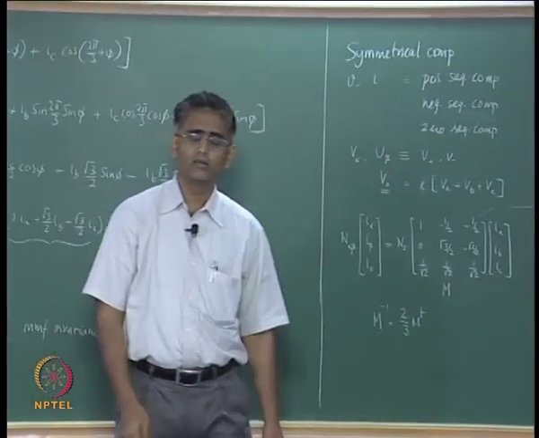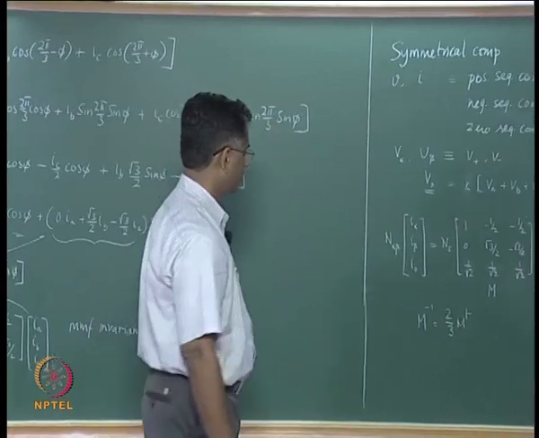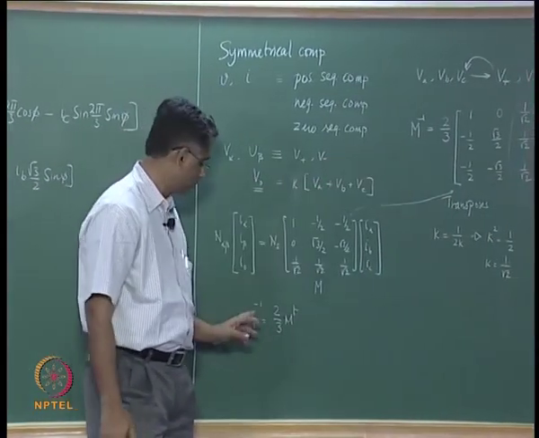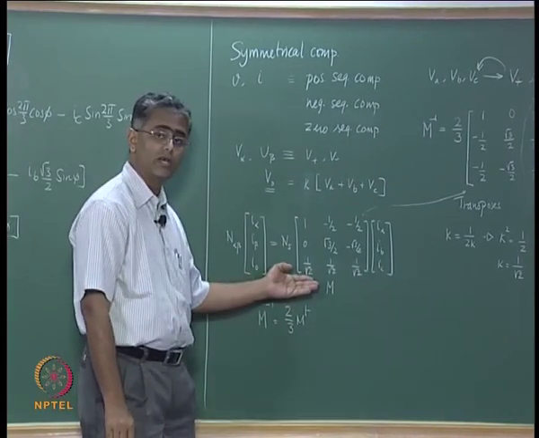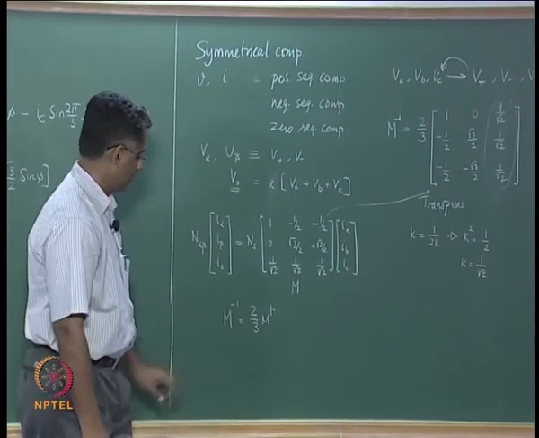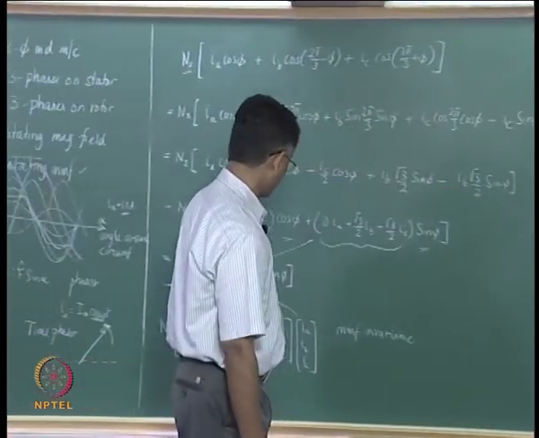So, this is a rather good advantage for us. It is enough if we remember M and then the inverse is simply 2/3 of M transpose. So, the choice of k has enabled us to get this simplification. This is fine. Next, what do we need to do?